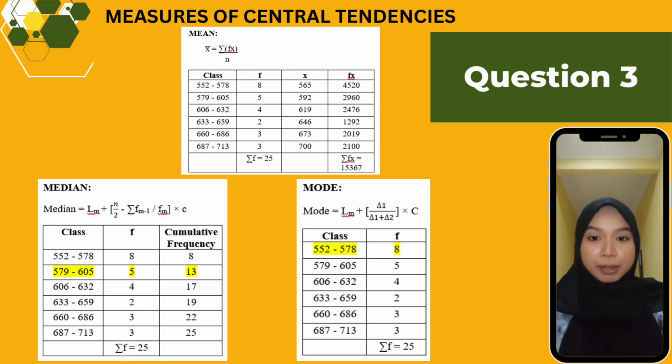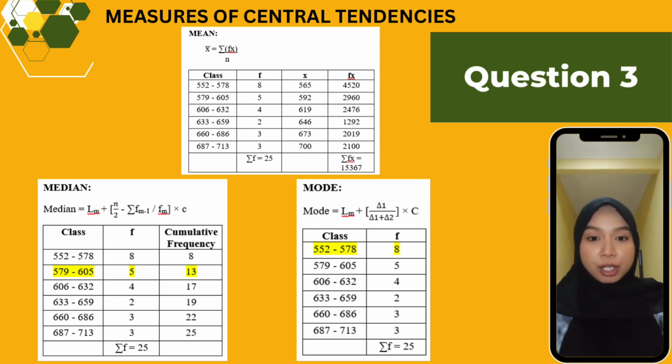The mode can be calculated using the formula Lm plus open bracket triangle 1 divided by triangle 1 plus triangle 2 close bracket, multiplied by C, where Lm is the lower class boundary of the modal class. Triangle 1 is the difference between the frequency of the modal class and the frequency of the class before the modal class. Triangle 2 is the difference between the frequency of the modal class and the frequency of the class after the modal class.